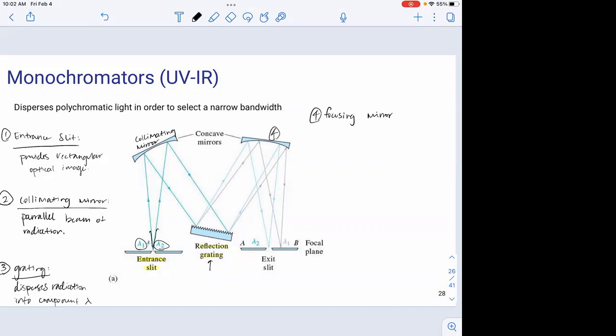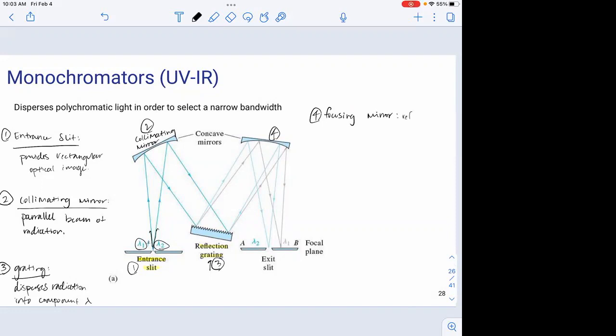It's going to take the collimated light coming from the grating, in this case a reflective grating, and form an optical image that focuses on the planar surface at the focal plane of our monochromator, right at the exit slit.